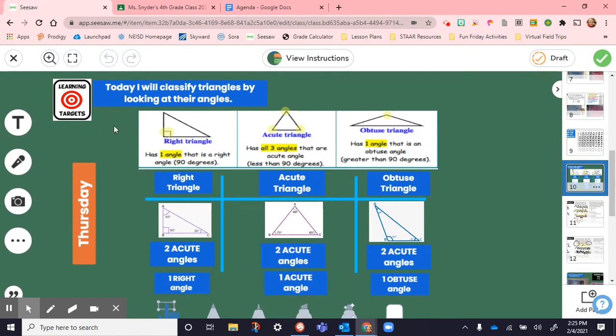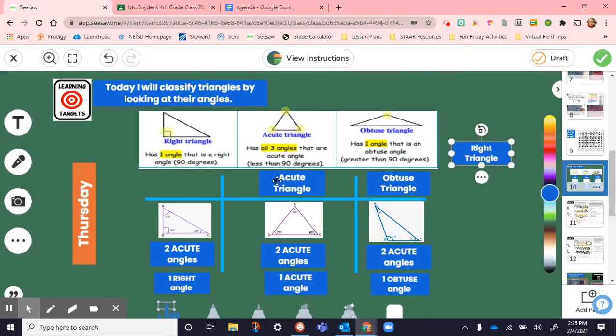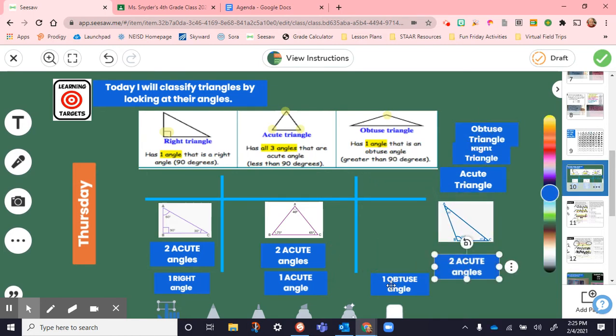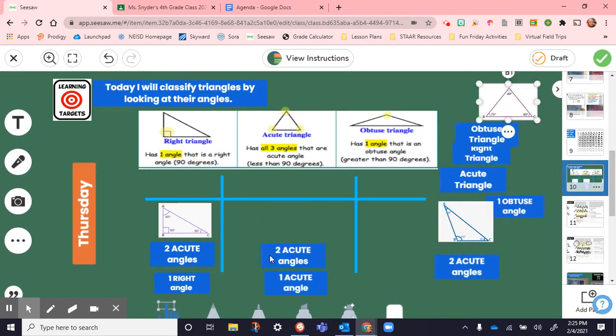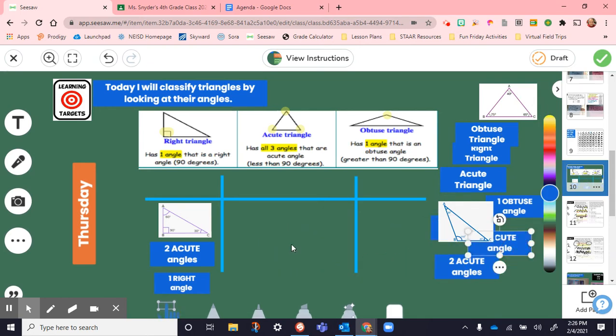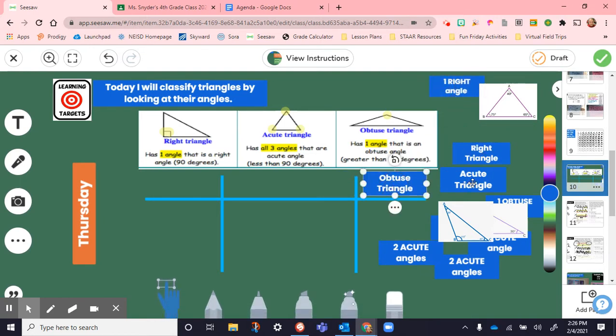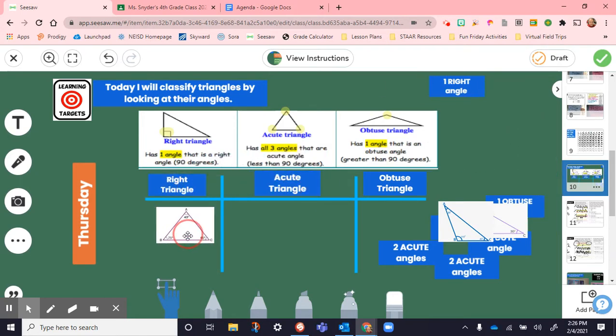All right, so we went to this page here. So let me move all these over. All right, so well, I guess I didn't need to move those. We've got acute, obtuse, and right. All right, so let's look at the triangles first.